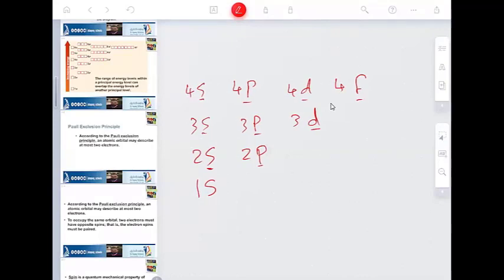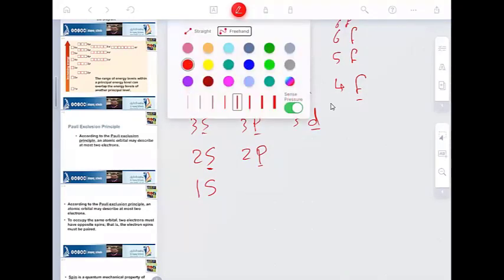What about the fifth level? 5s, 5p, 5d, 5f. What about 6? 6s, 6p, 6d, and 6f, and also 7, but you don't need 7. Okay, I'll do 7s, 7p, 7d, and 7f. What next?